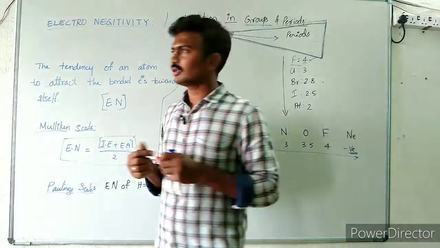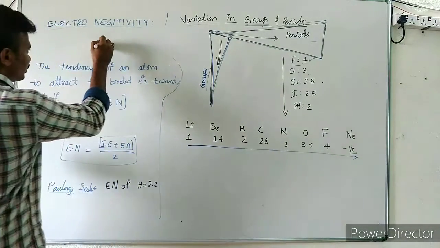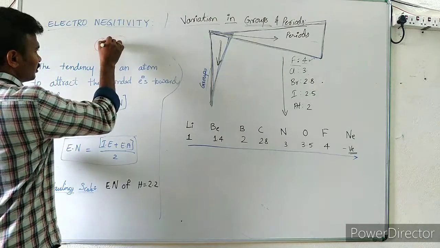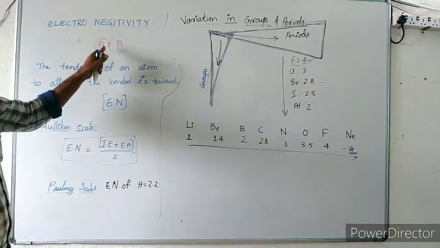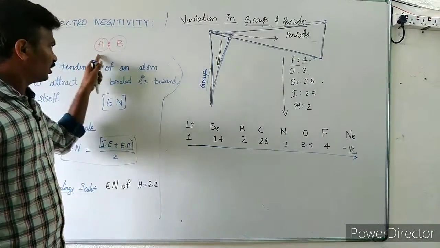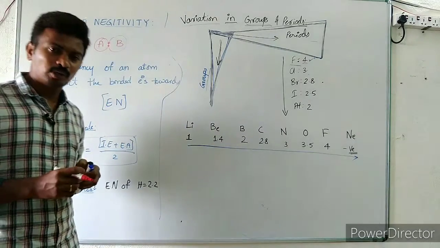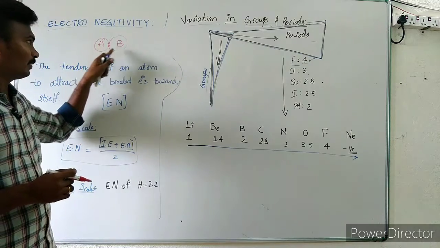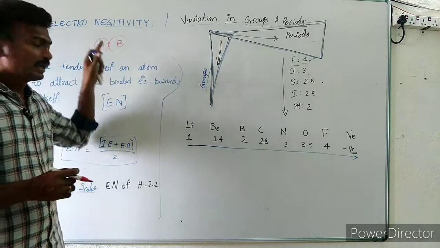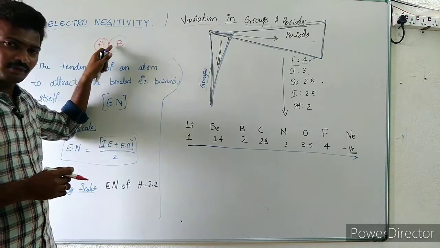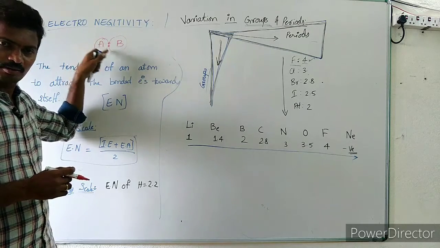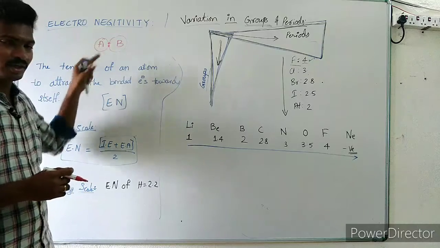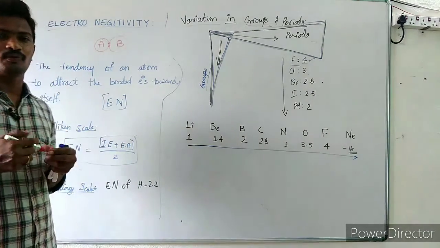So let us assume that two atoms A and B are bonded to each other. In these two atoms, this is a bond. That means a bond is formed by sharing of two electrons. Now these two electrons will be shared between the two atoms, and the electronegativity of any atom in this molecule is defined as its tendency to attract these bonded electrons towards itself.